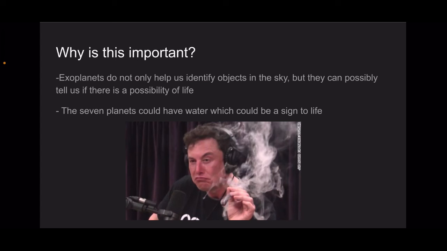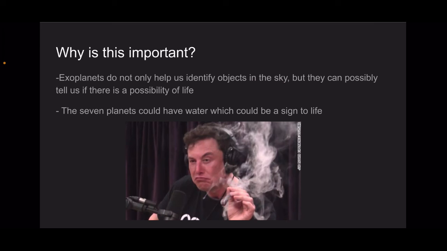The main thing is that they not only help us identify objects in the sky, but they can possibly tell us if there is a possibility of life, especially because other galaxies are plenty of light years away. As we continue to find exoplanetary systems, we're still faced with the issue that they're pretty far away.